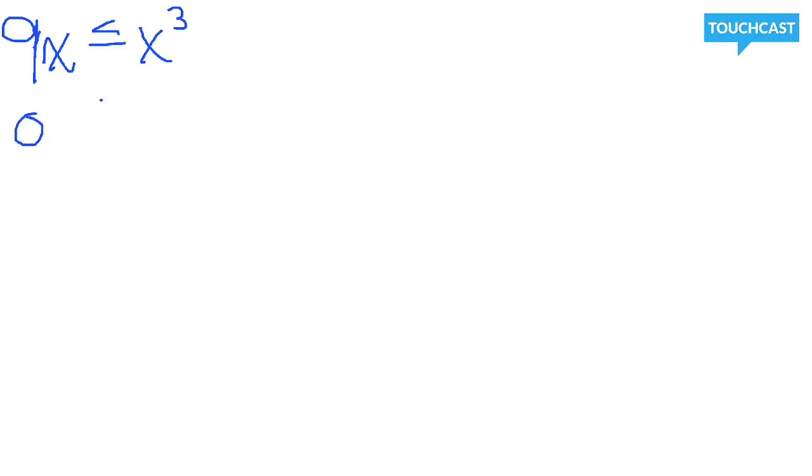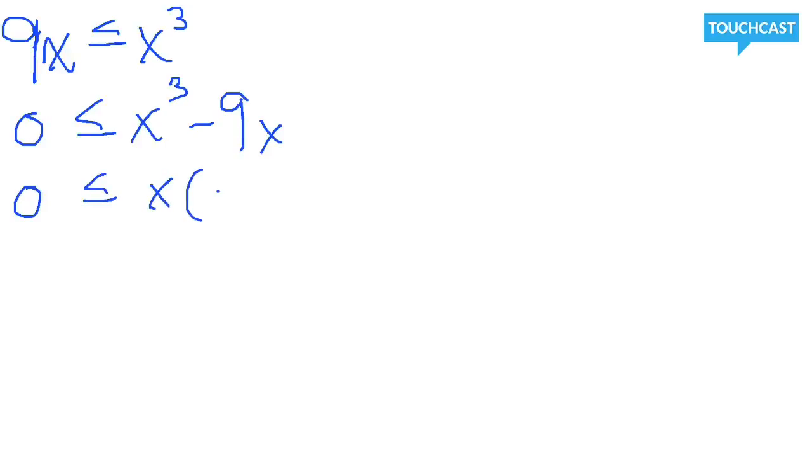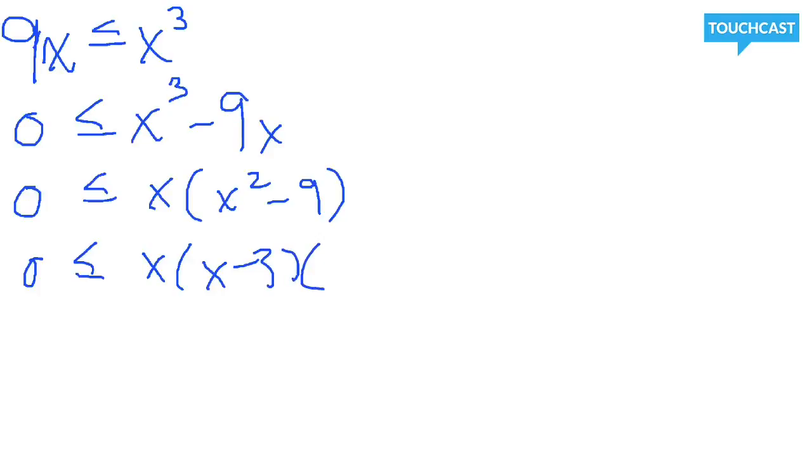So I might say 0 is less than or equal to x cubed minus 9x. There's certainly more than one way to rearrange that. I'm going to factor this: x squared minus 9. Oh, this is interesting because this factors further. So 0 is less than or equal to x times x minus 3 times x plus 3.